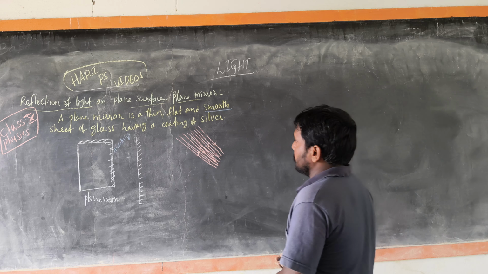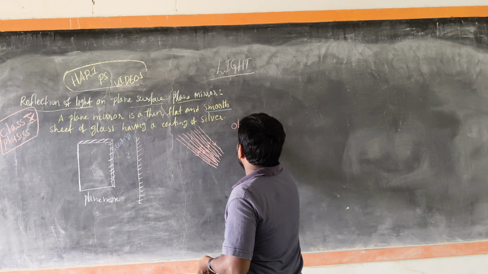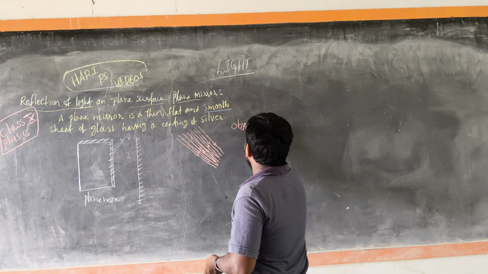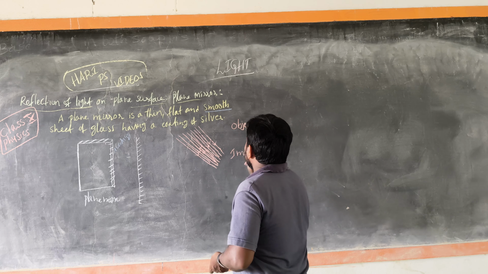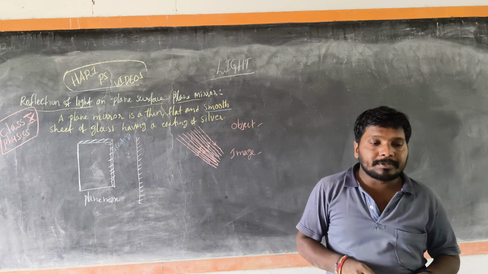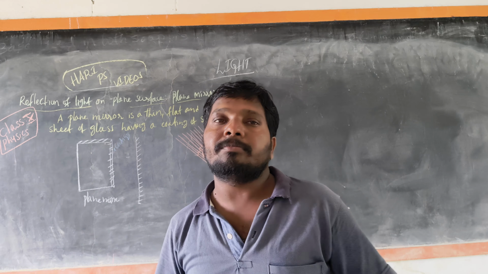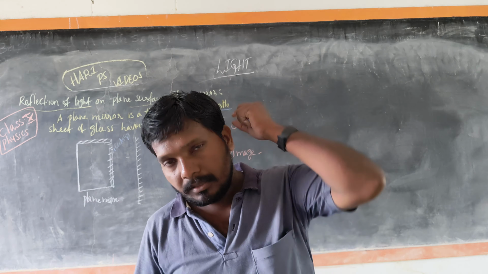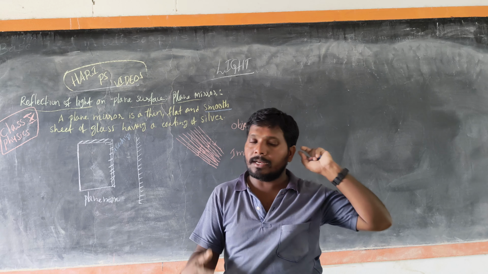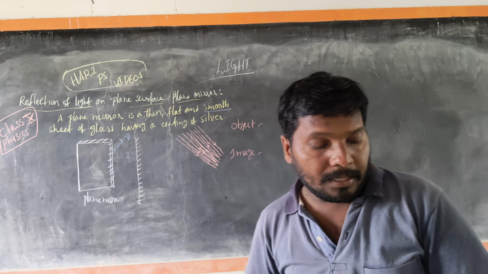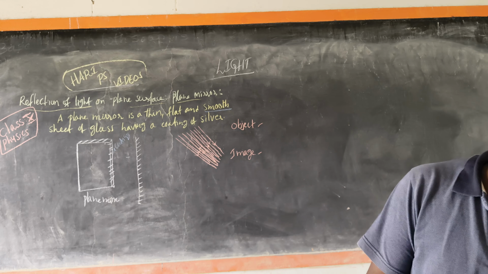So then, object and image. Sometimes we need to know what object means. Generally we know that anything can have some mass and volume, we can say that matter. So it is nothing but the material or the substance or object.